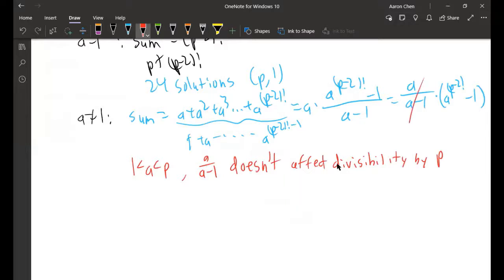And so what we focus on is just A to the power of (P minus 2) factorial minus 1.